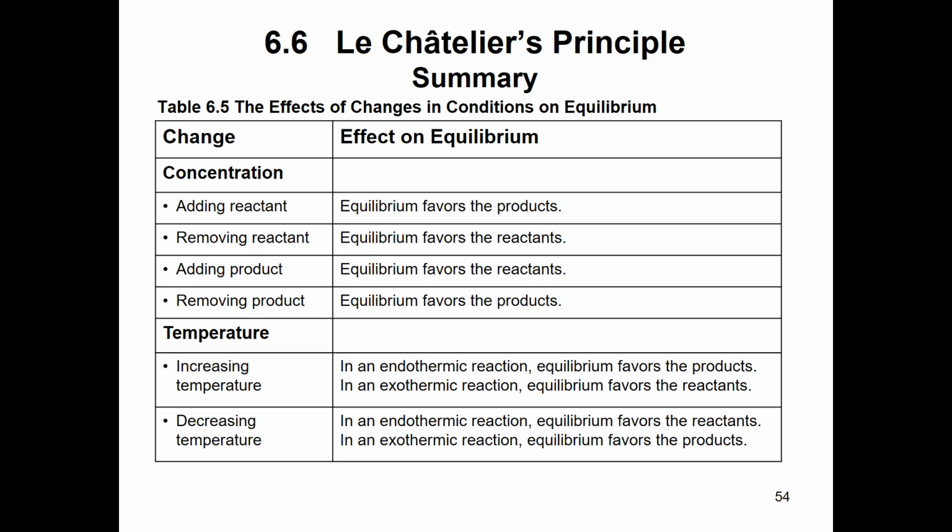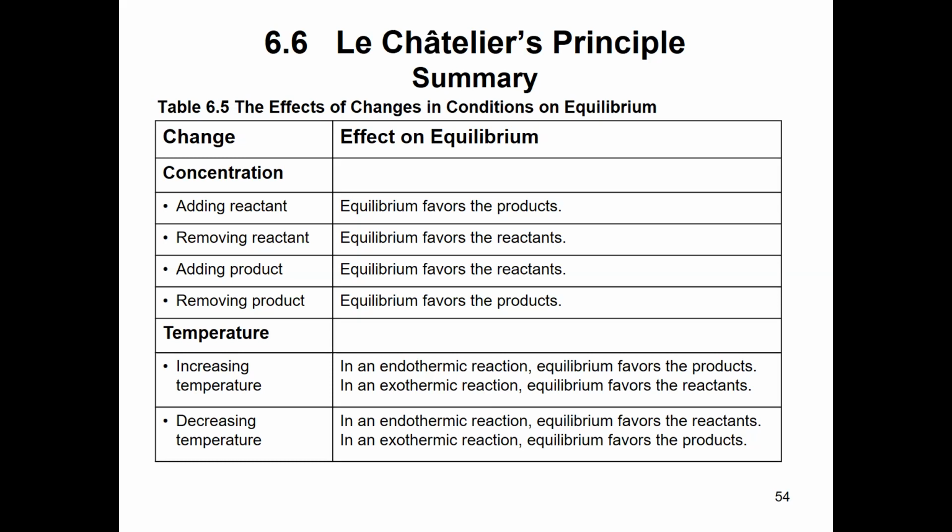So it will favor the equilibrium towards the product. But if you have an exothermic reaction that produces heat already, increasing the temperature does not favor production of heat even more. Actually, the reaction will try to go backward and favor the reactant. So this would favor the reactant in an exothermic reaction.